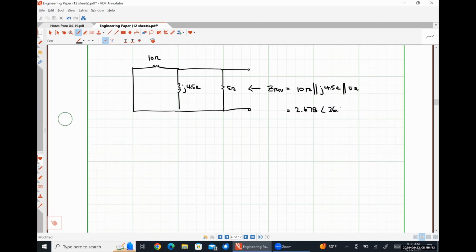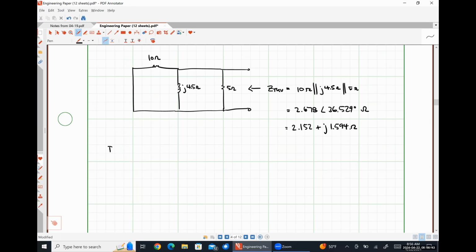Wish my screen would stop moving on me. A better representation for our purposes would be to put this in rectangular form, which would be 2.152 plus j1.594 and some change ohms.